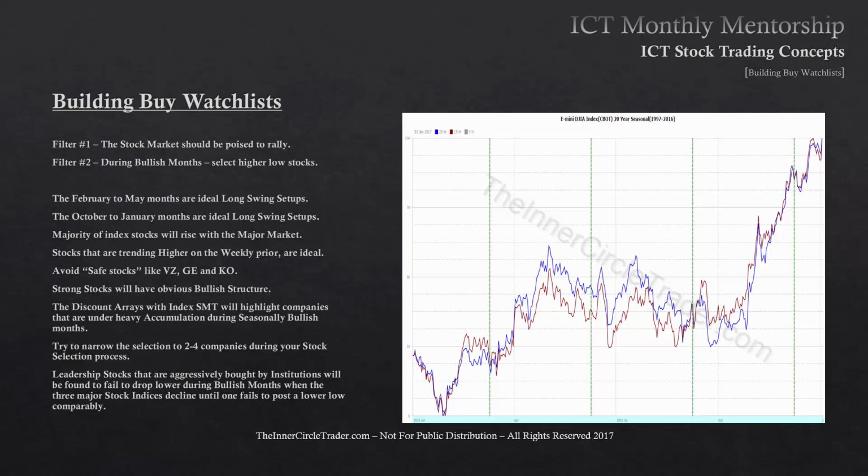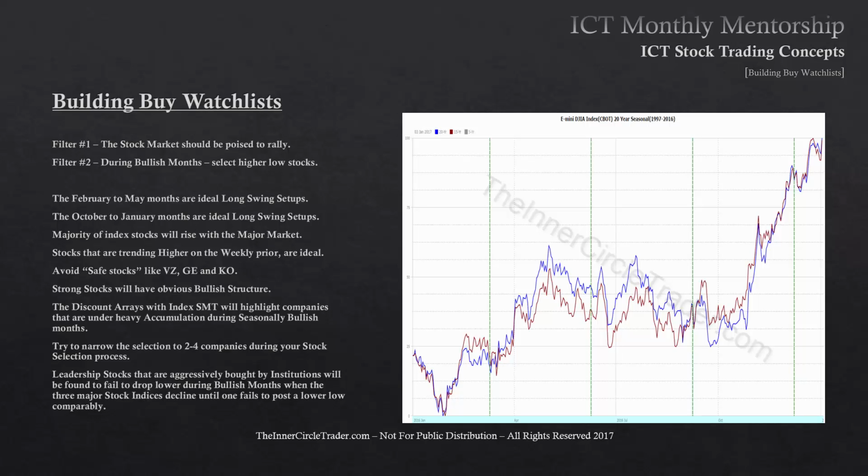And leadership stocks that are aggressively bought by institutions will be found to fail to drop lower during bullish months when the 3 major stock indices decline, until one of those indices fails to post a lower low comparably. So what am I saying here? During periods of seasonal tendencies for stocks to move higher, as we outlined in the previous lesson, those months that are bullish, we're going to be focusing primarily on when the 3 averages are making lower lows.